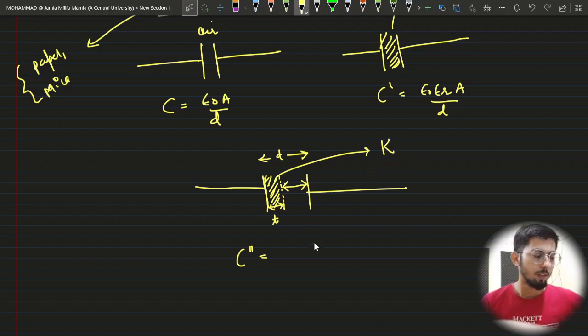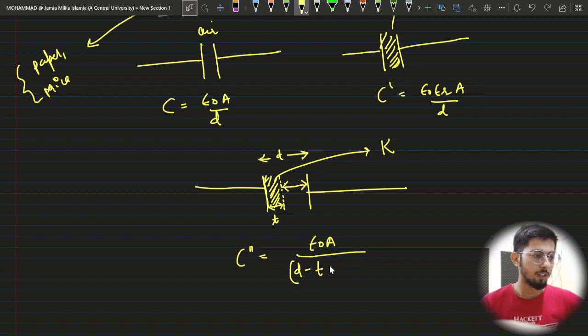The formula is epsilon naught A upon d minus t plus t by k. What is d minus t? d is the whole length, minus t, so the air remains.